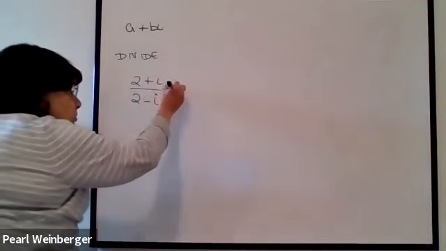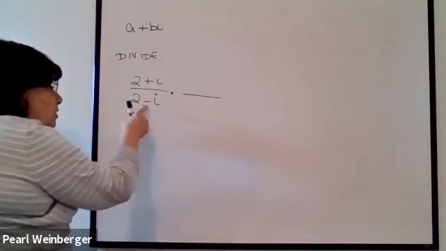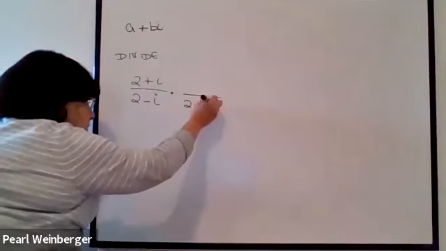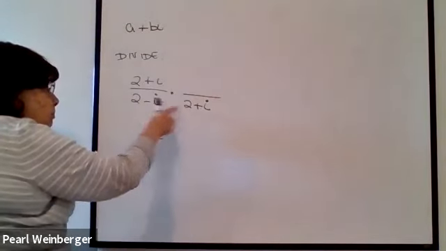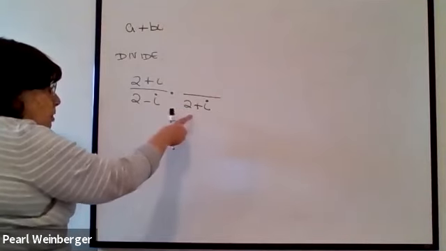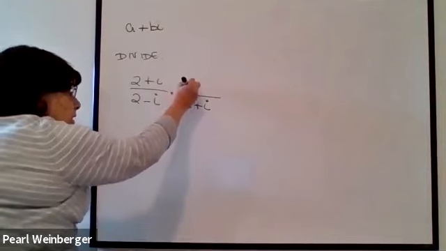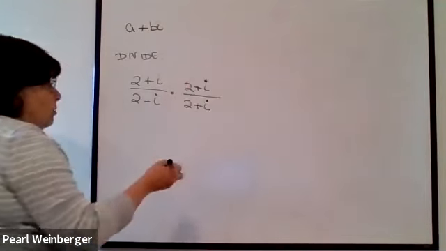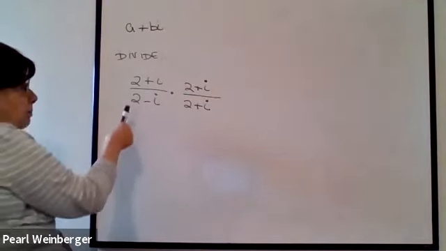So what we're going to do is multiply by the conjugate of 2 minus i, which is going to be 2 plus i. Remember, we always concentrate on the denominator. Of course, whatever we multiply on the denominator, we multiply the numerator by the exact same thing. So we're multiplying by 2 plus i on top and on bottom.